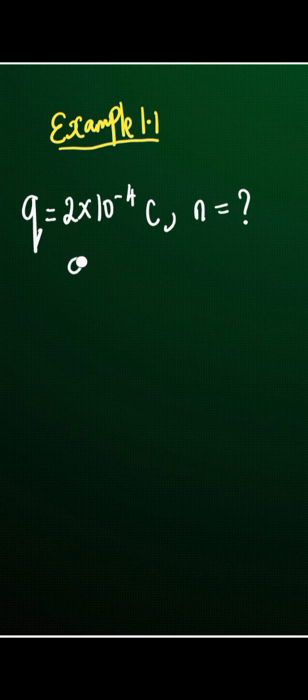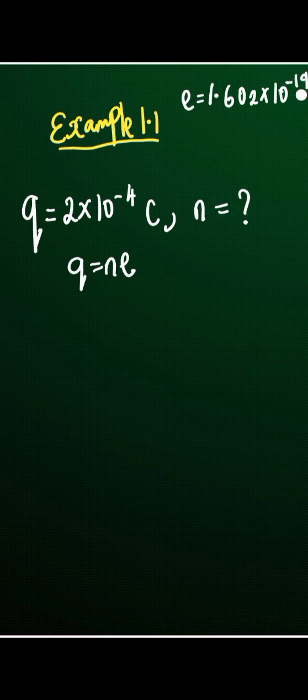That is N. Now, what is the relationship between N and Q? It's given by Q equals N E. What we are looking for is N. And we know that E is a constant, right? The value for E, we have already established that the charge of the electron is 1.602 times 10 raised to the power negative 19 coulombs.